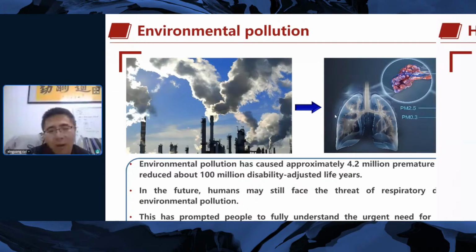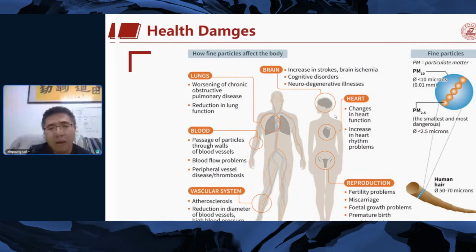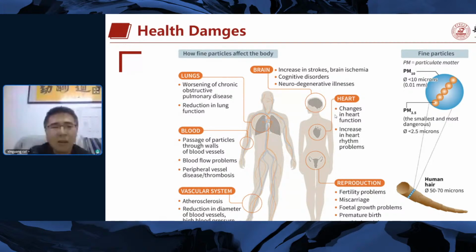For the toxic particles to deposit inside our lung system, it could induce health damage to almost all our organs. For example, lungs, blood, cardiovascular system, brain, heart, and reproduction.